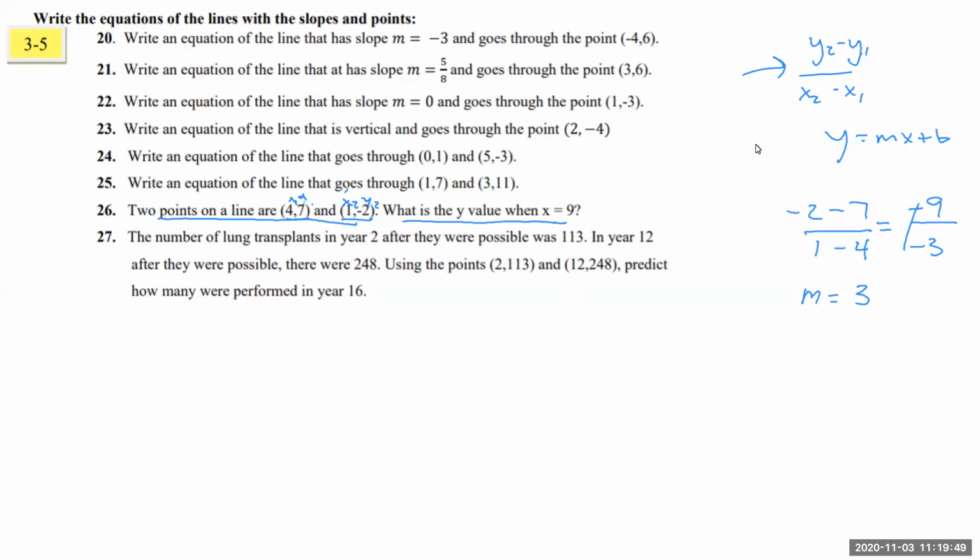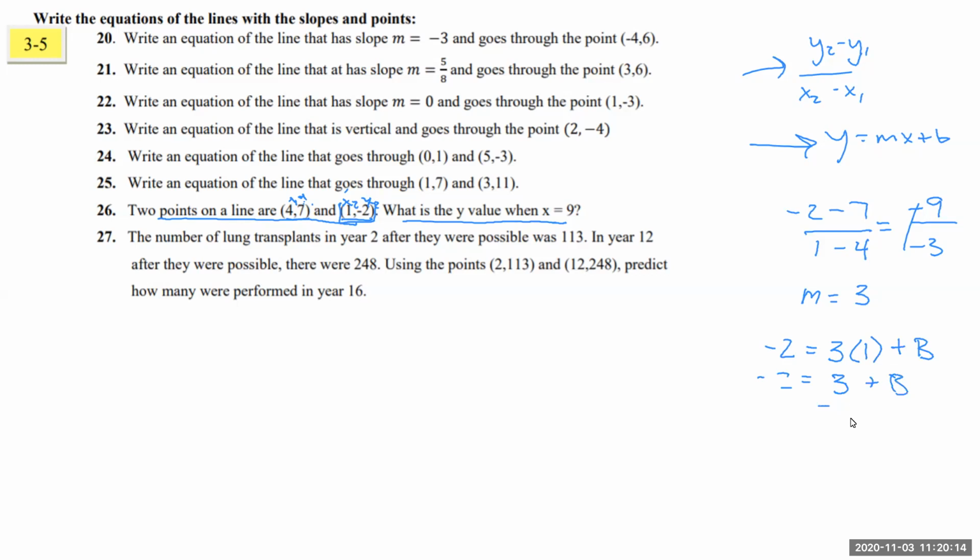When we plug it into the y equals mx plus b formula, I'm going to take 1 and -2 for our numbers. Let's do -2 for the y equals 3 as the m times the x, which is 1, plus b. And then that's going to be -2 equals 3 plus b.